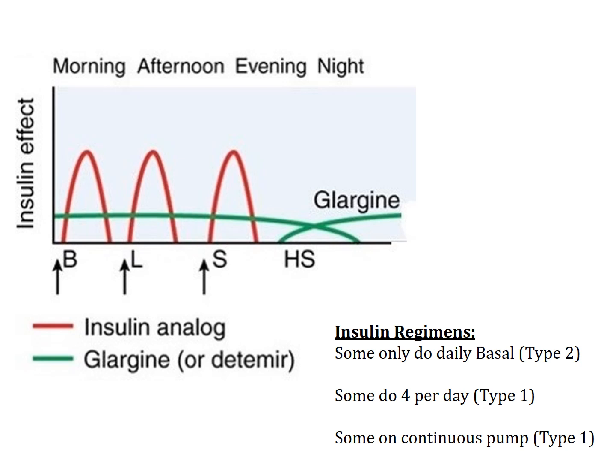Some type 2 diabetic patients only inject a basal insulin once a day. Some type 1 individuals actually do four insulin injections per day, particularly if they're eating an evening snack. And then some individuals with type 1 diabetes just put their insulin on a continuous acting pump.